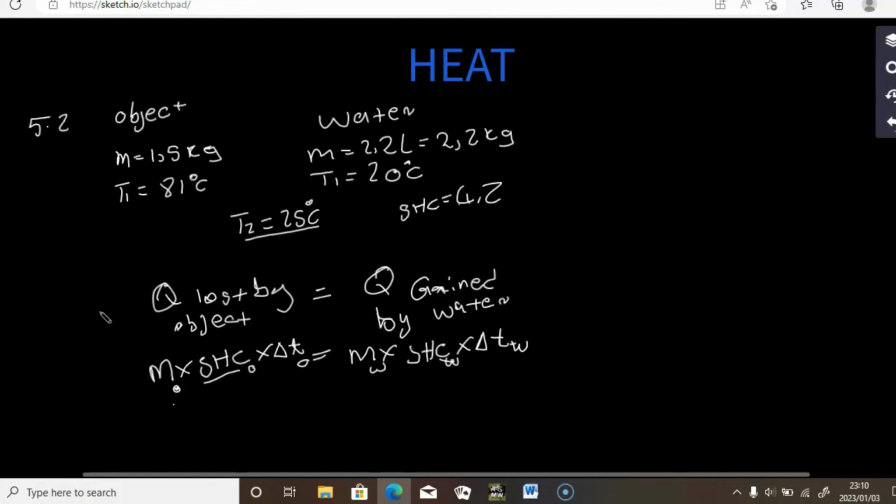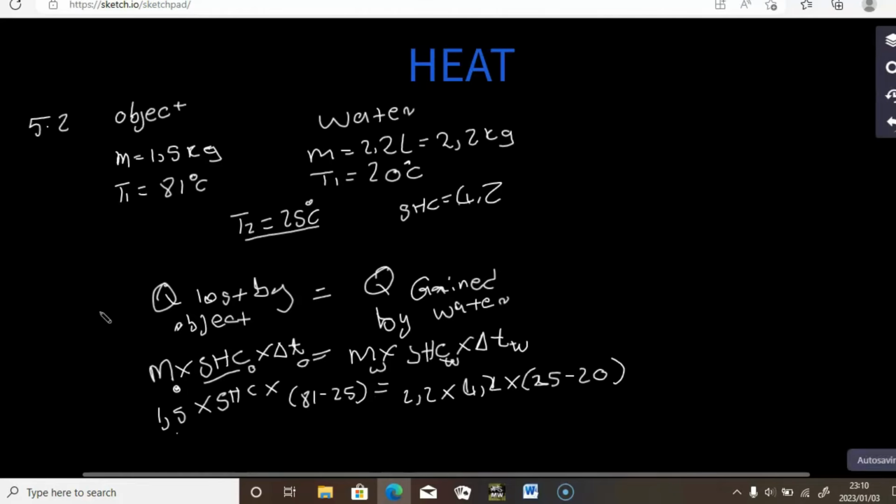So we're going to substitute 1.5 times the specific heat capacity times the temperature change, which will be 81 minus 25, is equal to the mass of water, which is 2.2, times specific heat capacity 4.2, times the change in temperature, which is 25 minus 20.